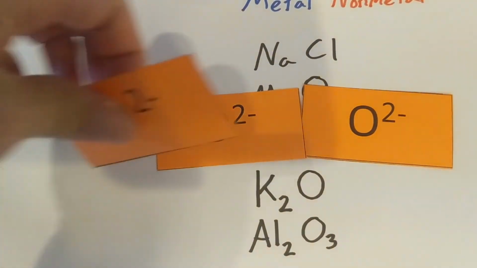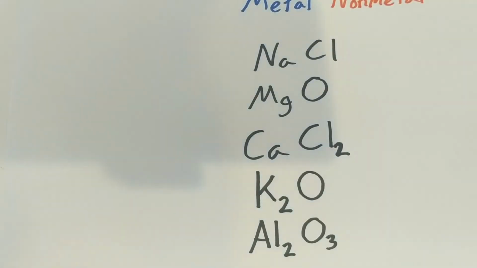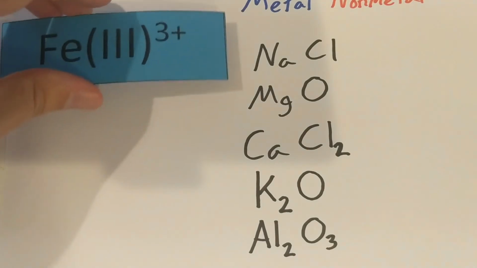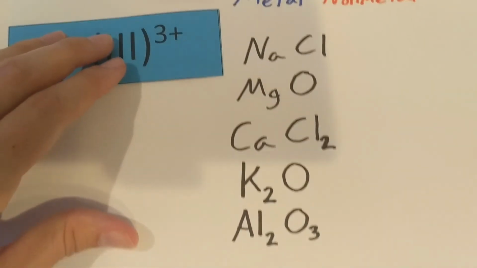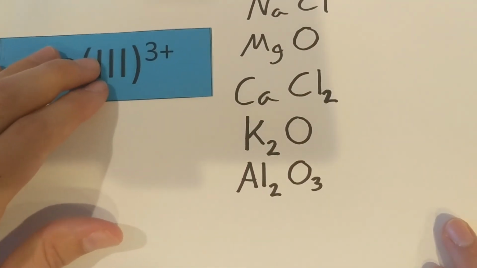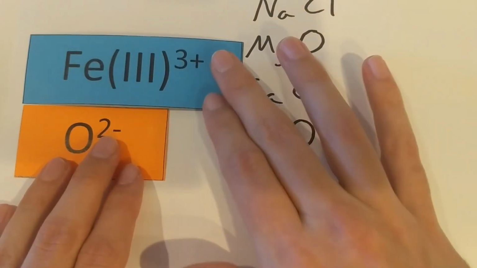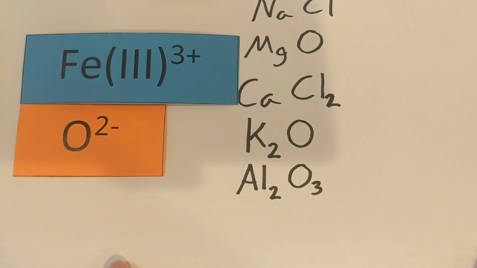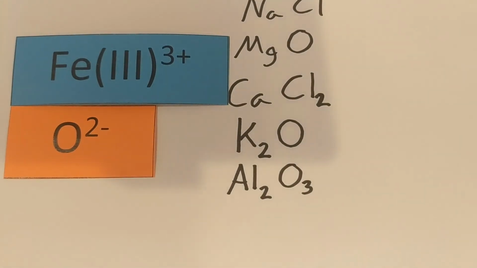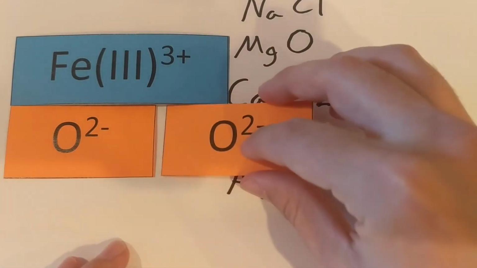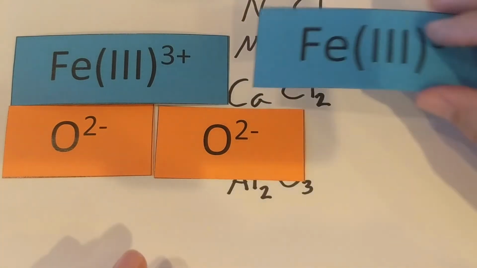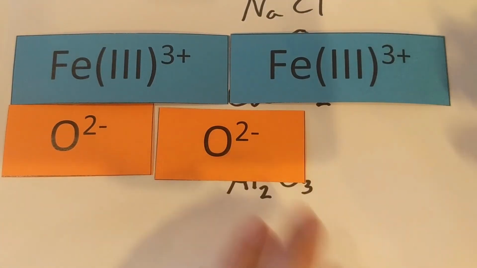So I'm going to go over one more. I'm going to go over an example with a transition metal. So let's do one very similar to one we just did. We'll use iron oxide. So this would be rust. So iron oxide is another word for rust. So very similar to aluminum because iron 3 has that same charge.